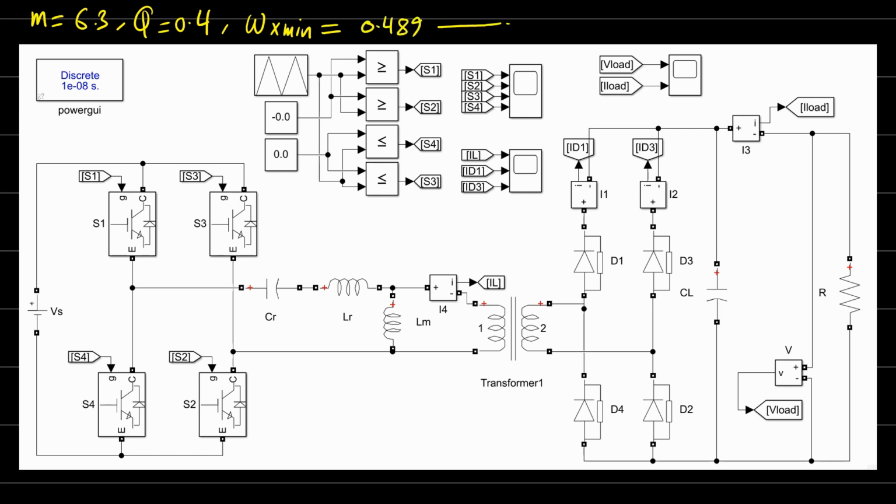Once you pick these values, you'll find that you can easily obtain LR, which is 2.25 microhenry, and CR, which is 1.13 microfarads, and LM, which is 11.93 microhenry. So you see here the relation between this and this is not very high, but also they're not close to each other. So here I put this one on MATLAB.